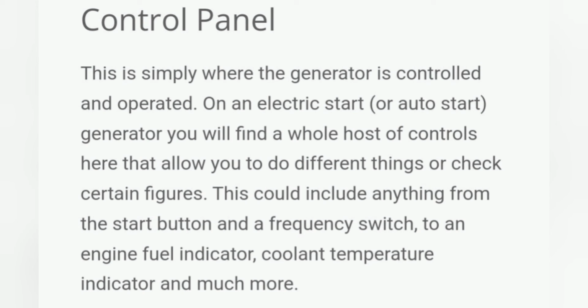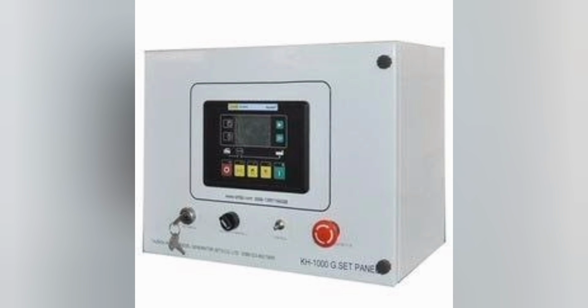And coming to the control panel, this is simple: it is where the controller will be. That means total control of the system will be at that particular area, and that is called a control panel. The controllers will be operated from that position. In a generator you will find a whole host of controls here, like the frequency switch, engine fuel indicator, start button, stop button, and emergency button.